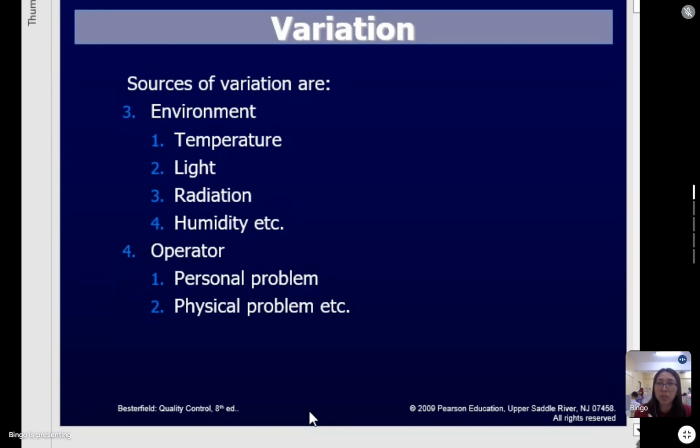Okay? Can you cite pa examples? Okay, not mentioned for the sources of variation. Meron ba kayong alam? Meron kayong dadagdag? If aside from the one mentioned, no more na?